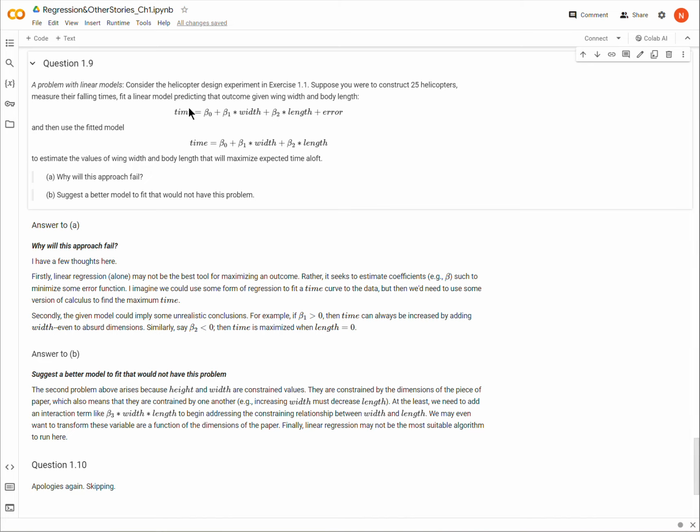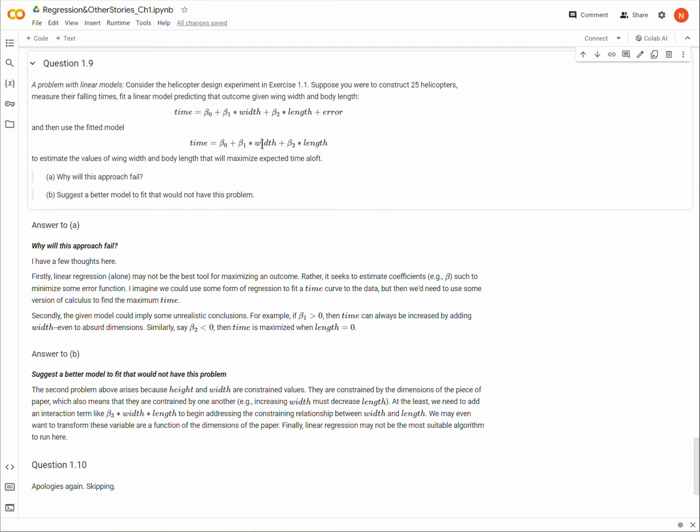Another thing is that our helicopter's construction is constrained, or the dimensions of it are constrained, okay? So width and length cannot vary indefinitely, right? They're coming from, I think, an 8 by 11 piece of paper or something like that.